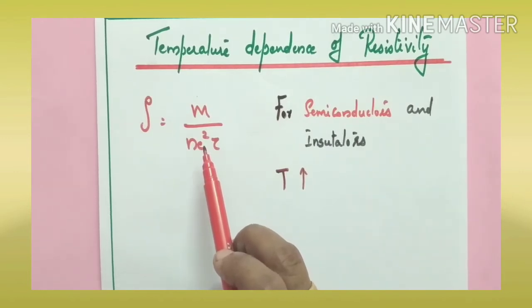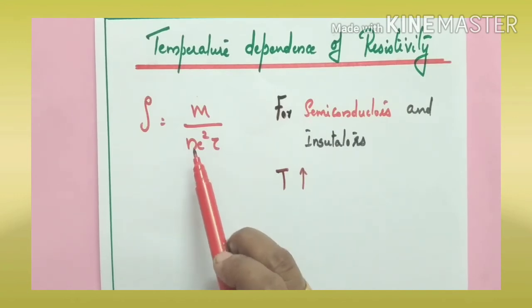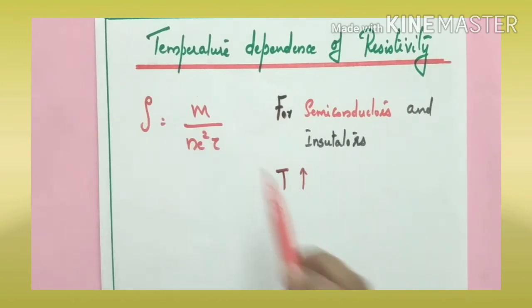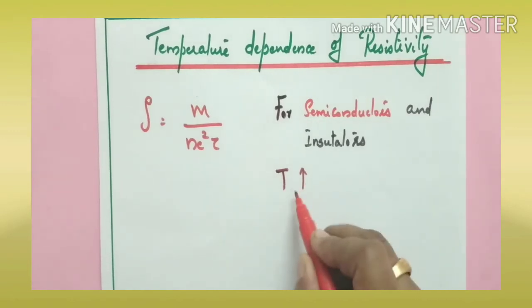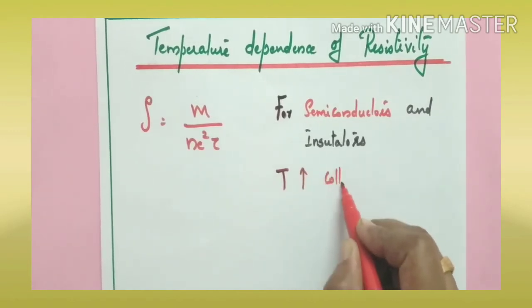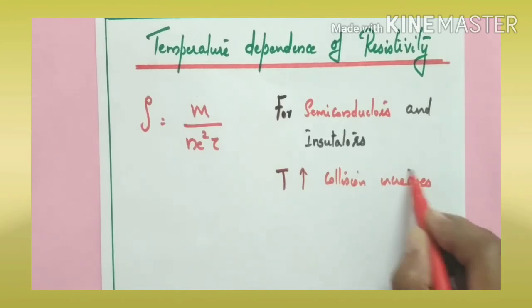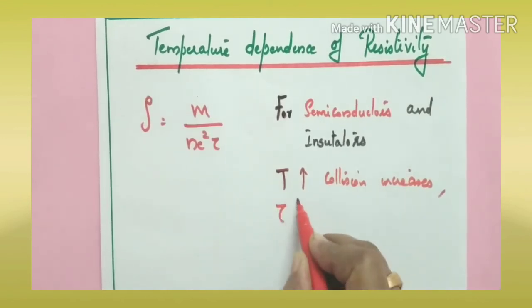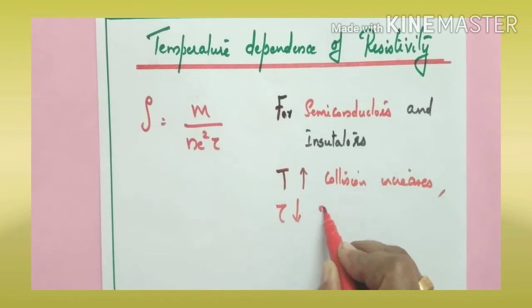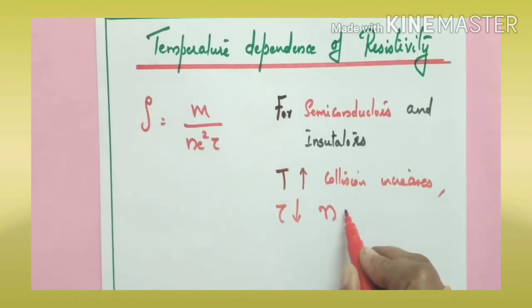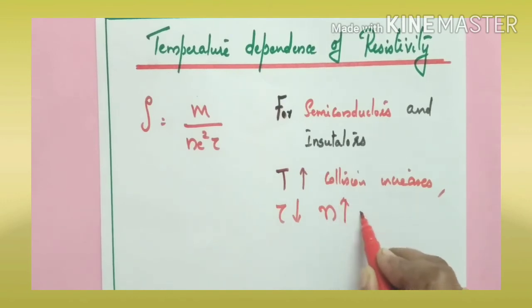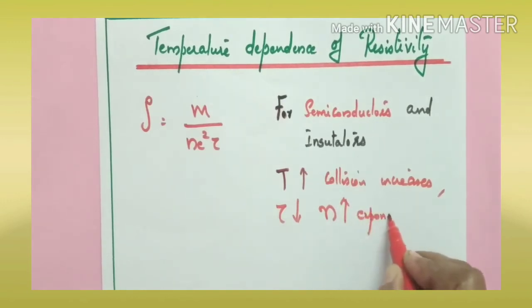So as temperature increases, more charge carriers are produced, and hence n increases exponentially. There also collision increases and relaxation time decreases. In addition to that, the number of charge carriers per unit volume increases exponentially.